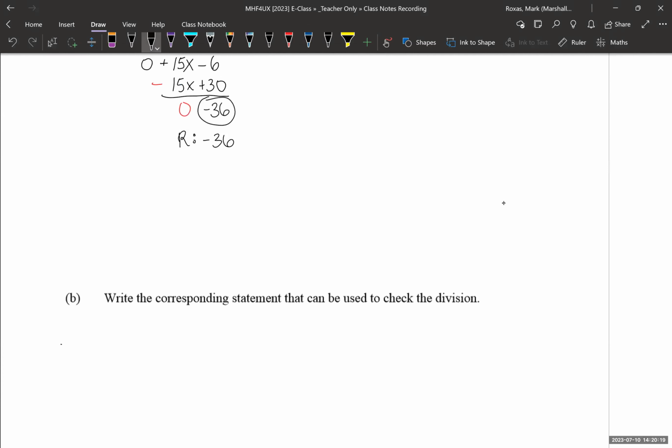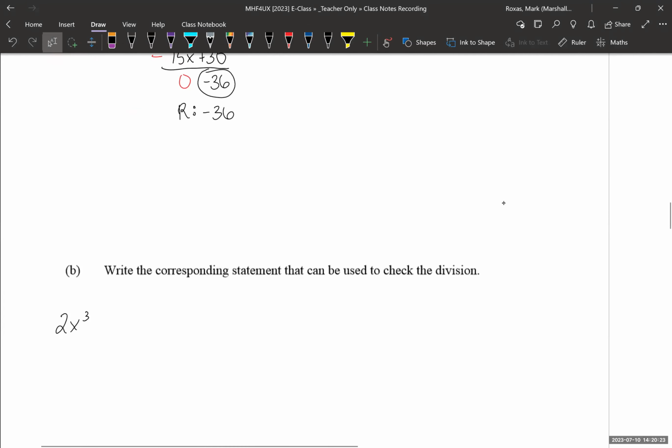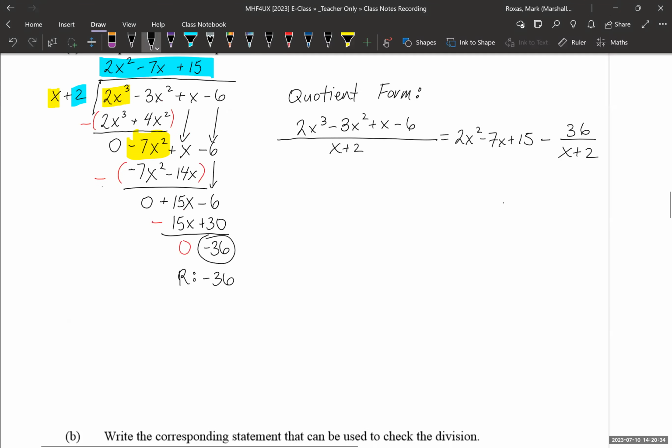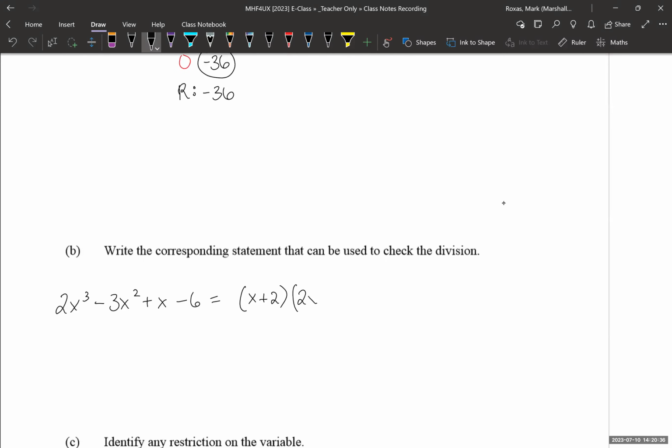That polynomial dividend of 2x cubed minus 3x squared plus x minus 6 equals that divisor x plus 2 times our quotient, 2x squared minus 7x plus 15 plus our remainder minus 36.